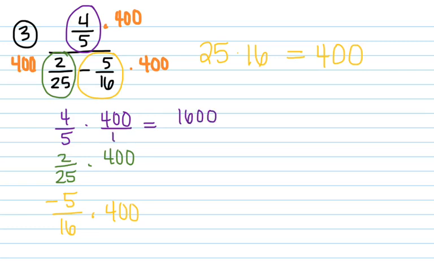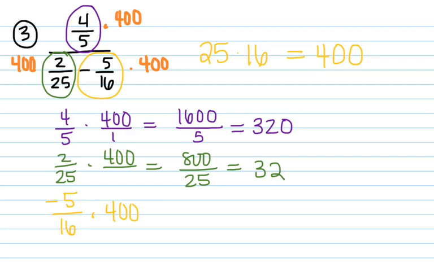And I multiply the 5 times the denominator, which is just a 1, which gives me 5. And 1600 divided by 5 is 320. Now I'm going to do the same thing for the next problems. I get 800 divided by 25, and 800 divided by 25 is 32.